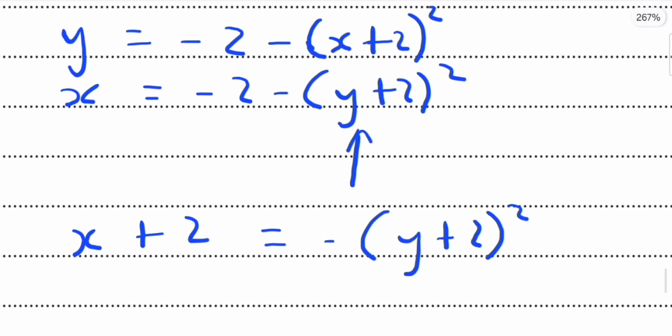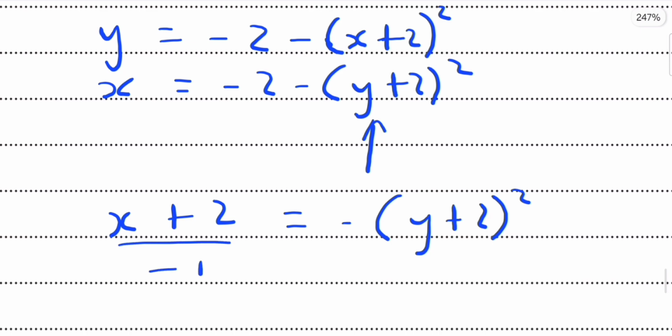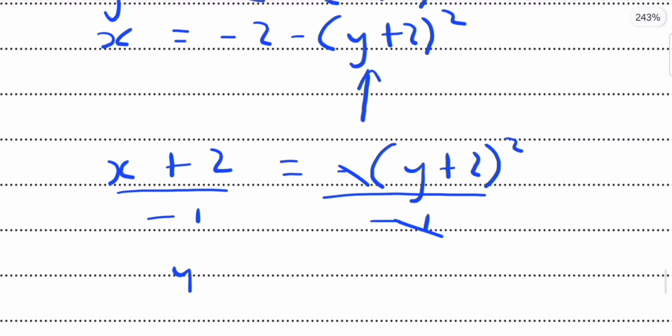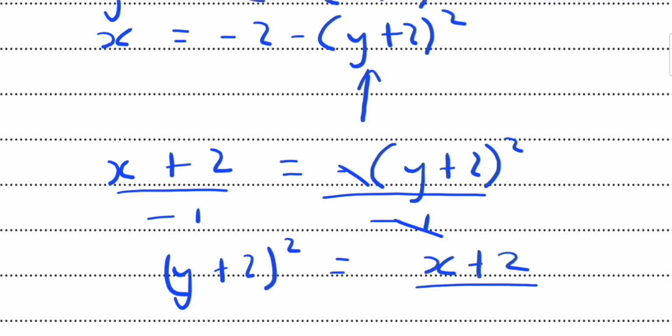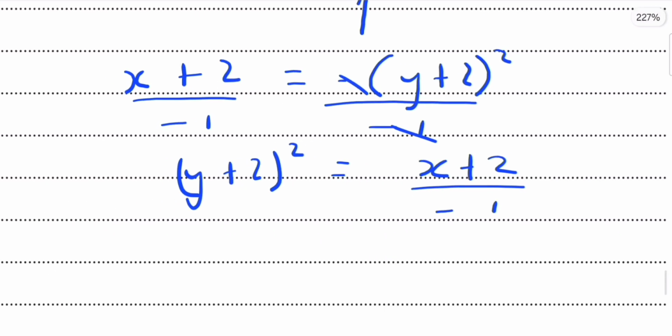And dividing both sides by minus 1, we get y plus 2 squared equal to x plus 2 over minus 1, which is as good as minus x minus 2, right?